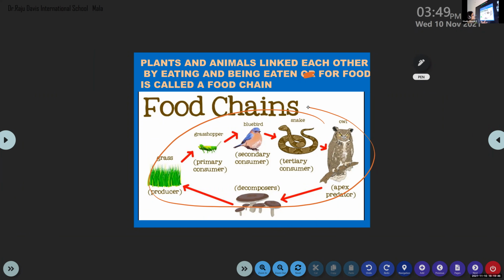Then the snake will eat the bird, and the snake will be eaten by the owl. Grasshoppers mainly eat insects, sometimes ants. Anyway, we are not talking about that. We are just thinking about how these creatures are eaten by someone and how this food chain continues.